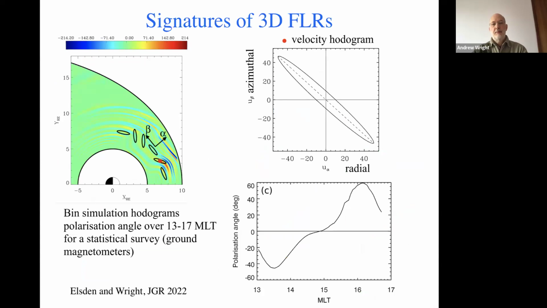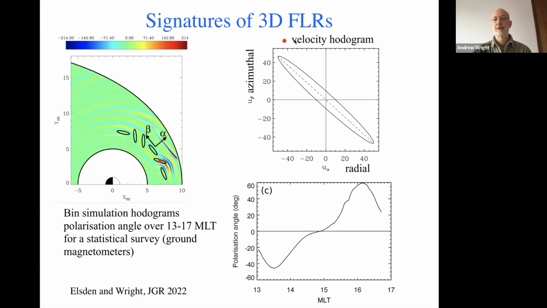So in these simulations, we were trying to figure out what would be a good way of identifying when we have a 3D field line resonance as opposed to a 2D one. And we experimented, and the most reliable way we found was to look at hodograms. So here, let's take this field line labeled with the red dots.